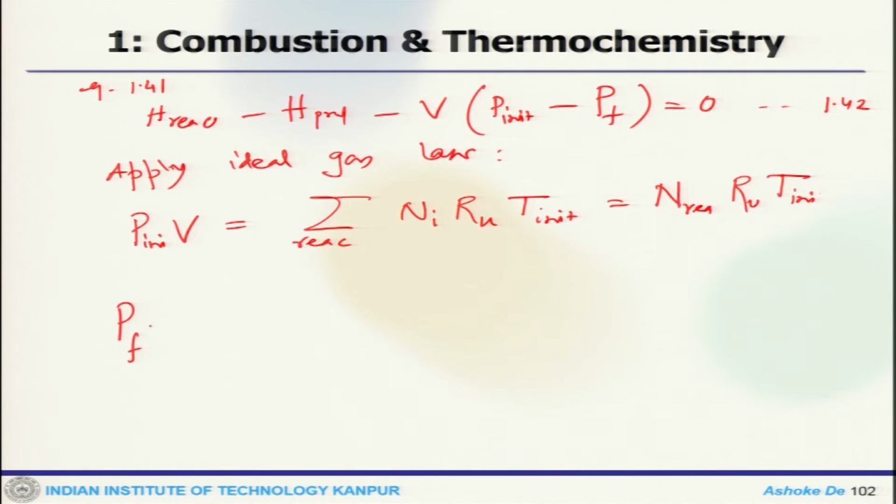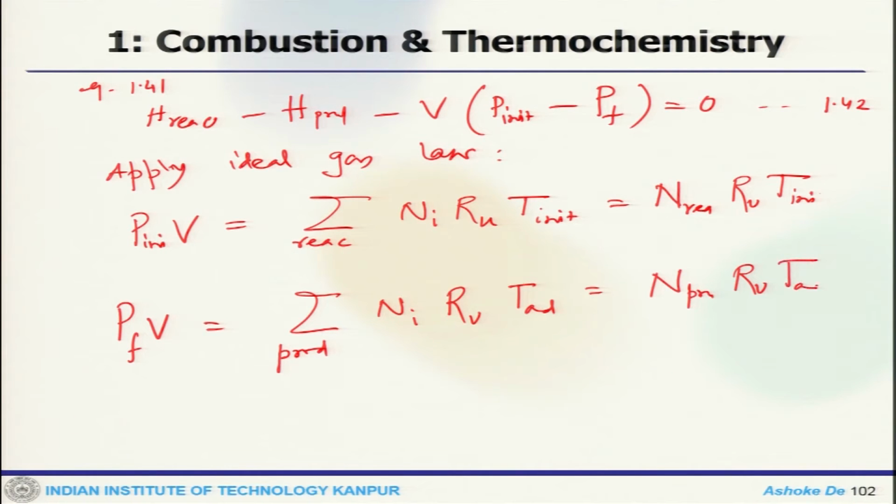Similarly, one can find at the final state PV equals the summation over products, Ni Ru T adiabatic, which is N product Ru T adiabatic. So, it is just a pressure volume relationship using the ideal gas law.